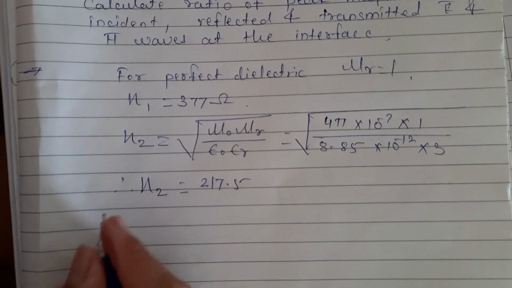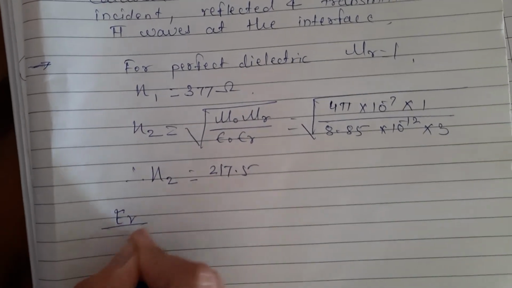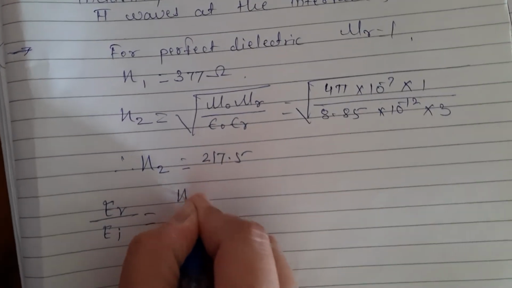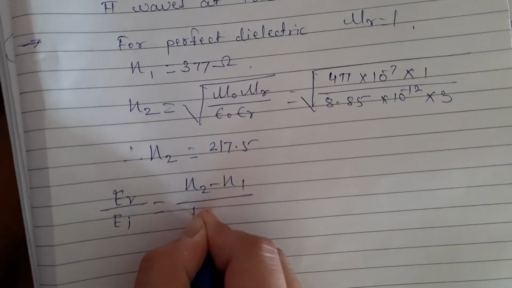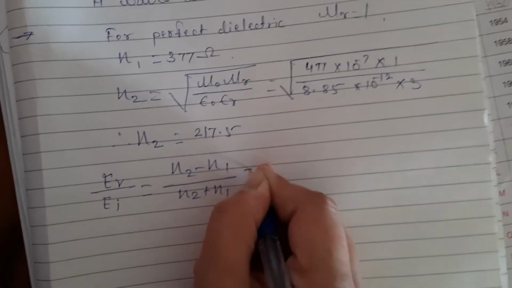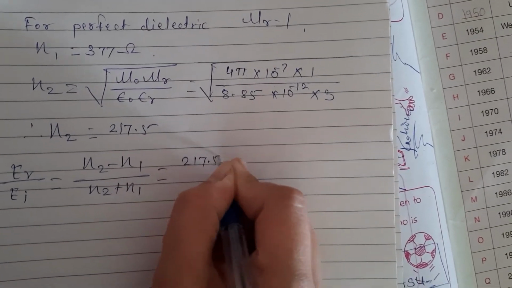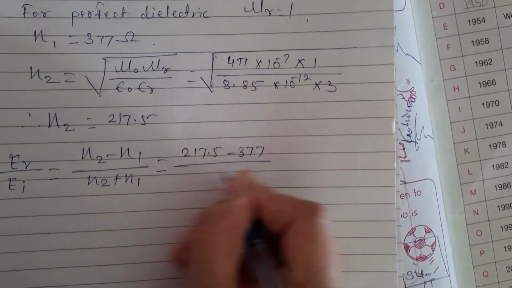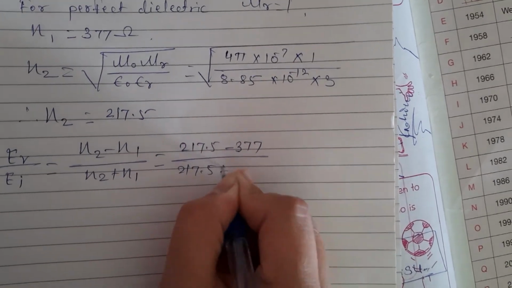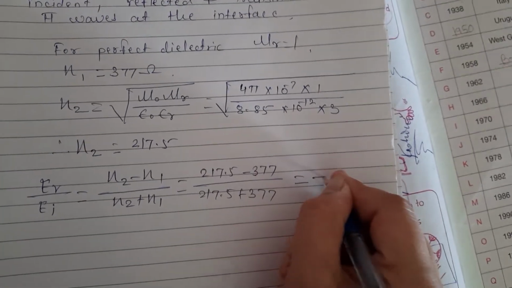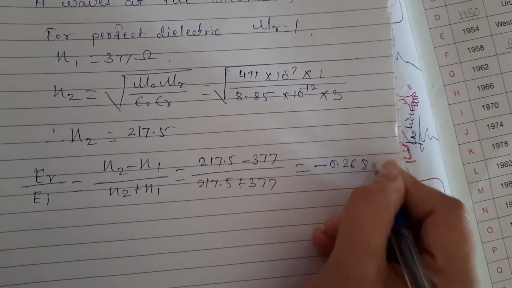Now we have ER by EI is equal to, now we have to find these values. 217.5 minus 377 divided by 217.5 plus 377, so the answer for this is minus 0.2683.